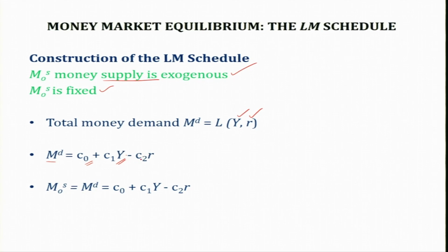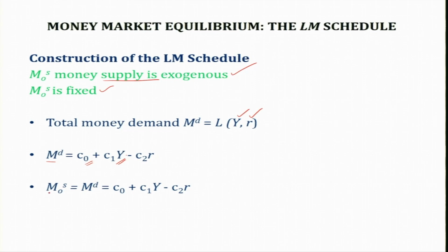C1 and C2 are the coefficients that we are going to estimate later on. So, money demand is equal to C naught plus C1y minus C2r, exactly replicating the positive relationship with income and the inverse relationship with the rate of interest.